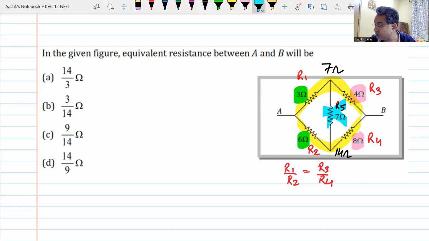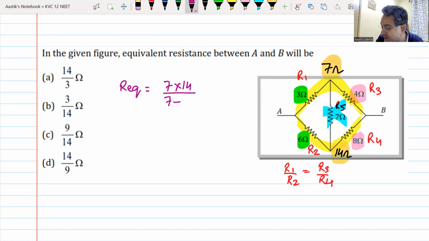This 14 ohms and this 7 ohms will come in parallel. So the equivalent resistance will become 7 into 14 divided by 7 plus 14, and the answer would be 14 by 3. That is option A.